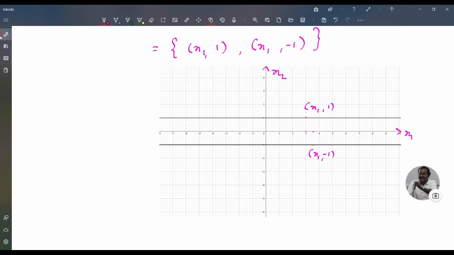Now we are going to define an orientation. Here our surface S is S1 union S2, where S1 is this line and S2 is this line. This is equal to the set of all (x1, 1) union the set of all (x1, minus 1).